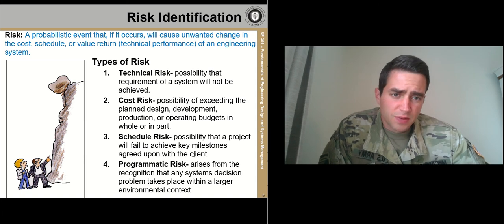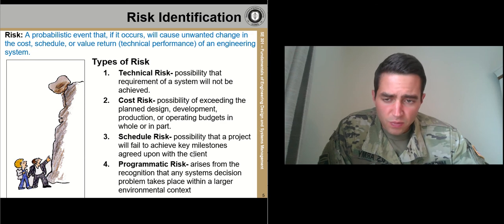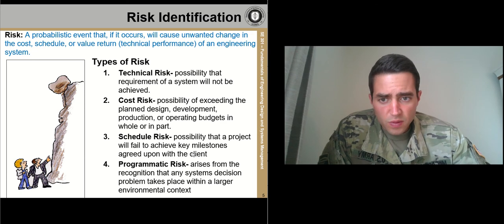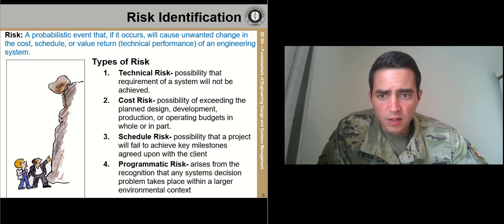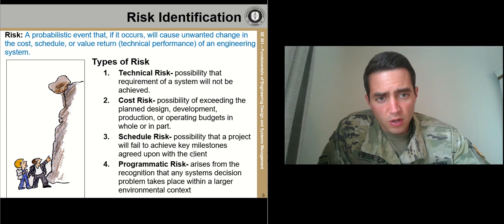Or maybe something like COVID strikes, and we don't have the resources available to plan, to do research and development, to prototype in the new environment. So that could be a programmatic risk, something that is really outside of our control in the larger environment.